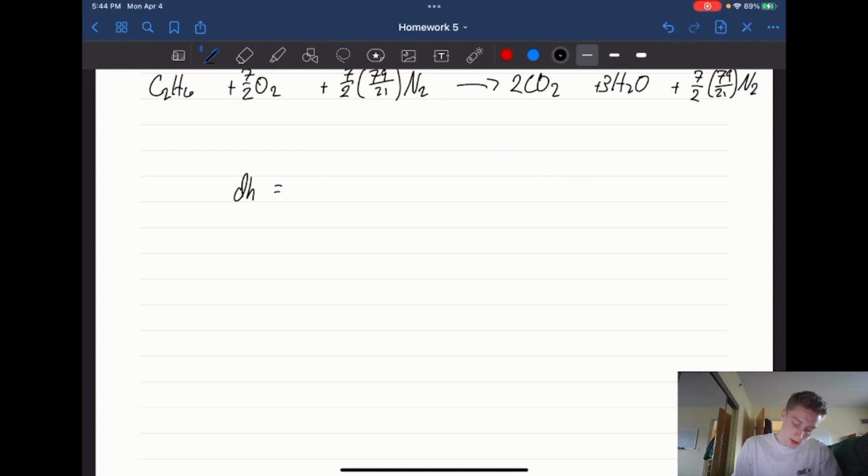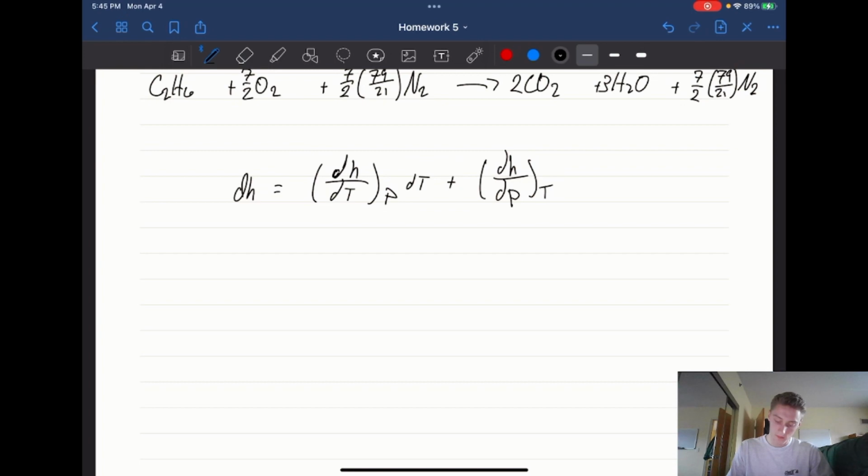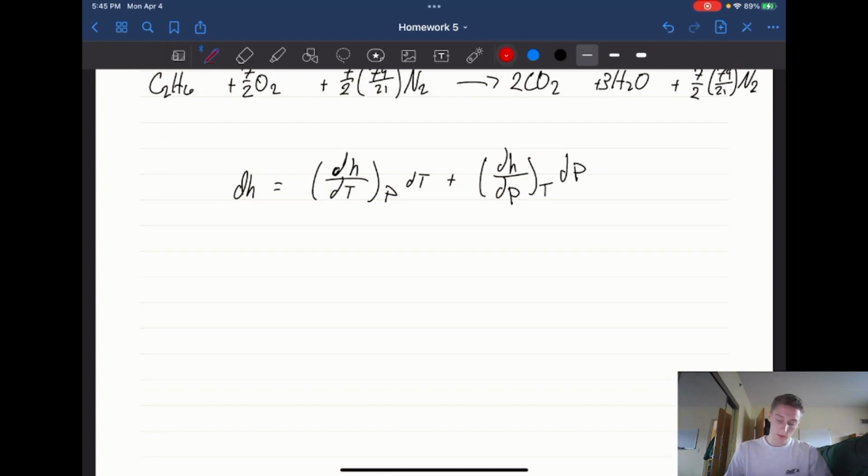So when it comes to enthalpy, we can represent it like this. We have our change in enthalpy, and then our change in enthalpy over temperature at constant pressure, plus then our change in enthalpy over change in pressure at constant temperature. And if you remember, for an ideal gas, this term goes to 0, so we don't have to worry about it.